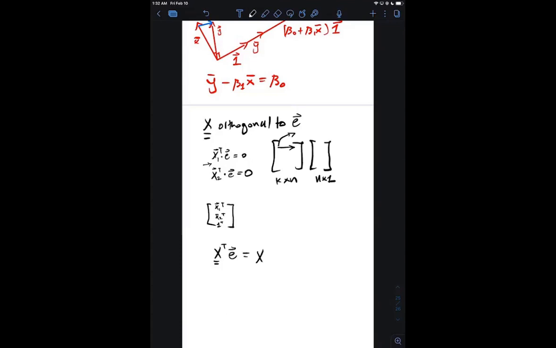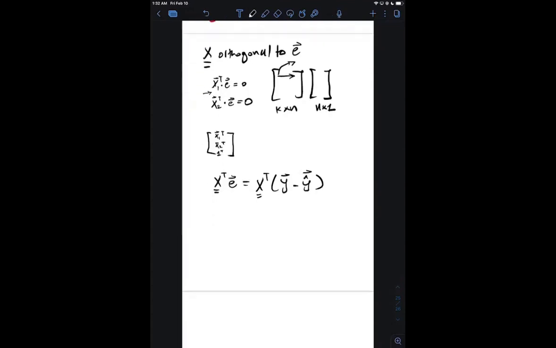And then what that equals is this. And then we want that to be equal to 0.